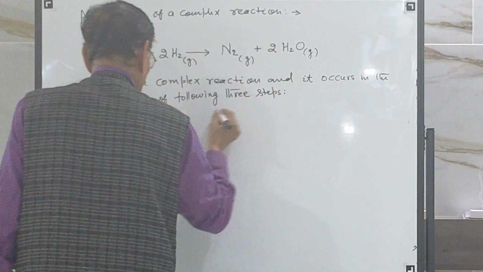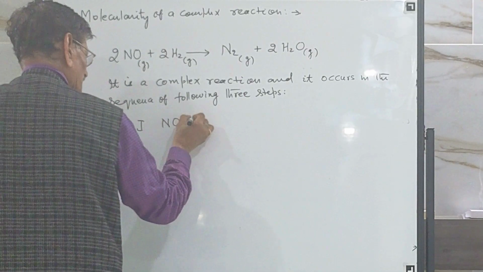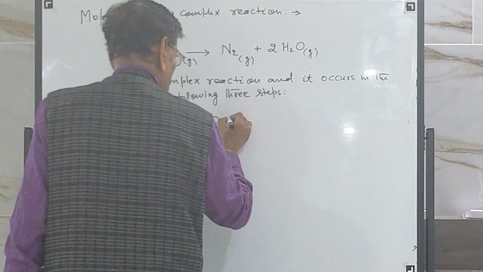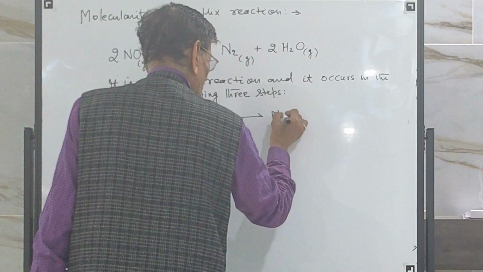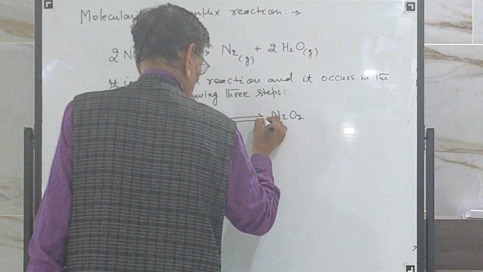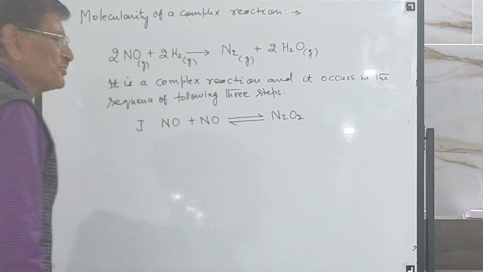The first step is NO + NO, that is, two molecules of NO combine to form N2O2. This reaction is reversible, and it is a very fast reaction.